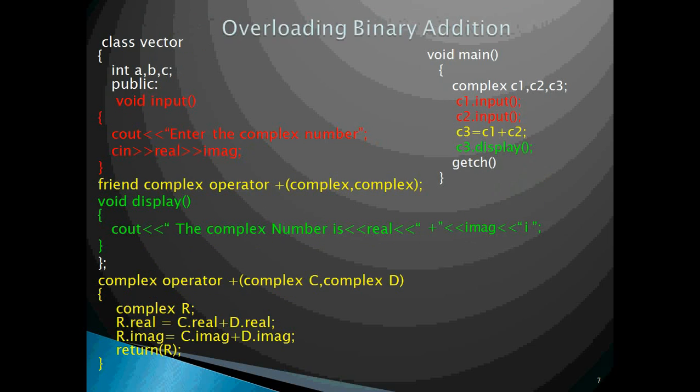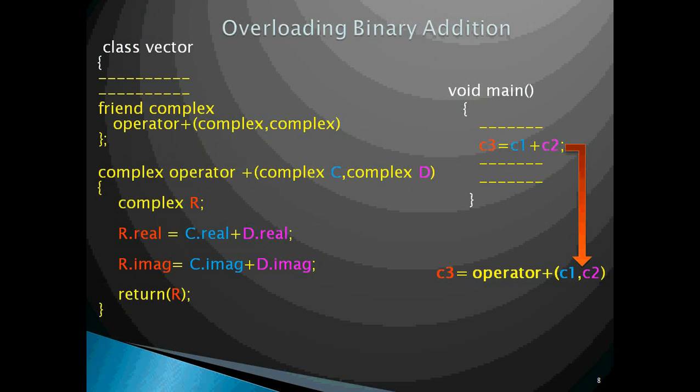And the next statement is C3.display, that is to display the complex number in the form of real plus imaginary i. Now we are using a friend function to overload the binary operator. So the statement C3 = C1 + C2 would be interpreted by the compiler as C3 = operator plus (C1, C2).